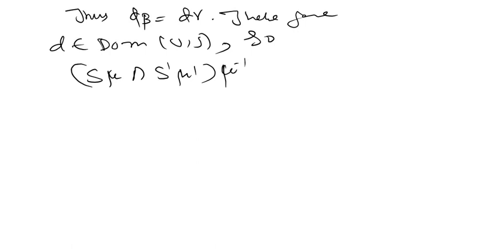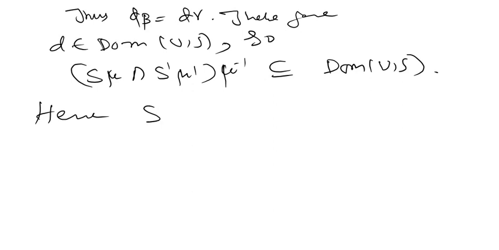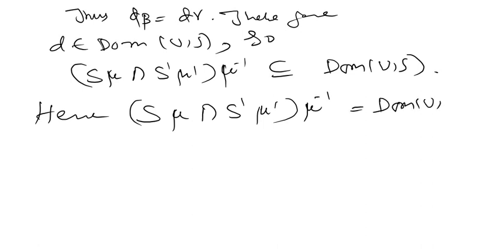The d you took from this came into the dominion. Hence equality holds. Hence S mu intersection S prime mu prime of mu inverse is equal to the dominion of U in S. So this completes the proof of this theorem.